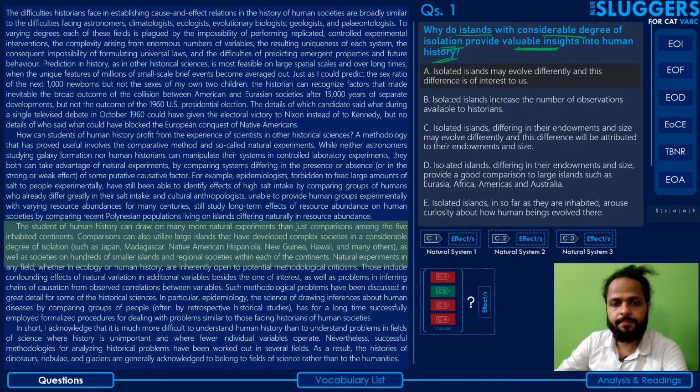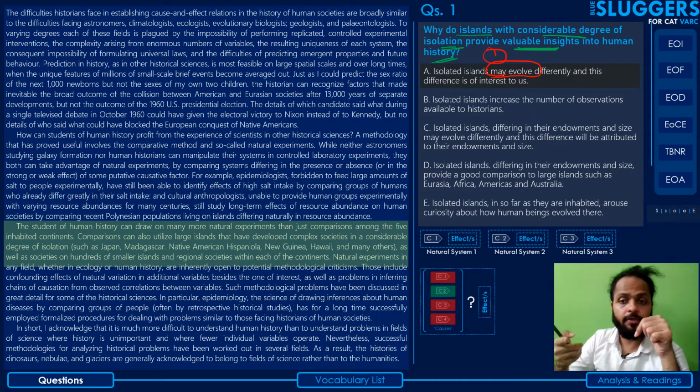First one says isolated islands may evolve differently, and this difference is of interest to us. There are two problems we have with this option. The first problem is that it says may evolve differently, which seems to imply that the islands might evolve differently from this point onwards. Now note what the author says.